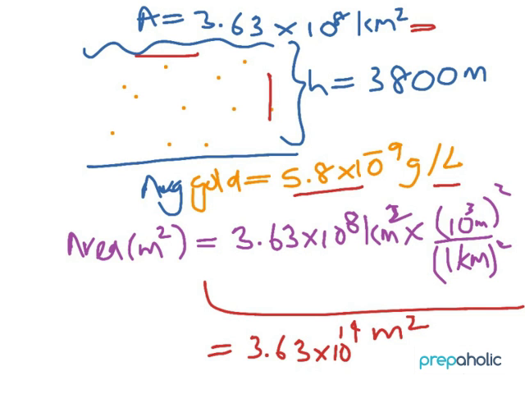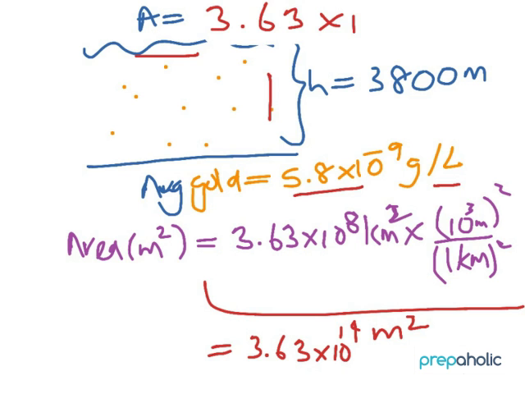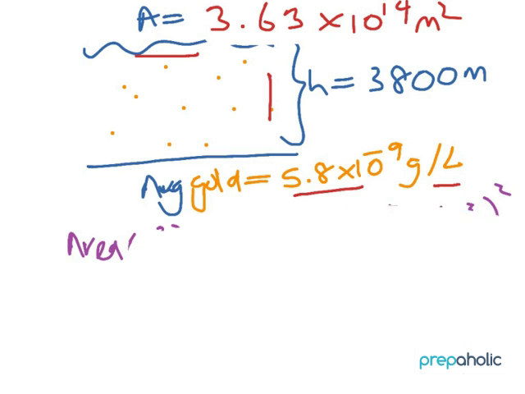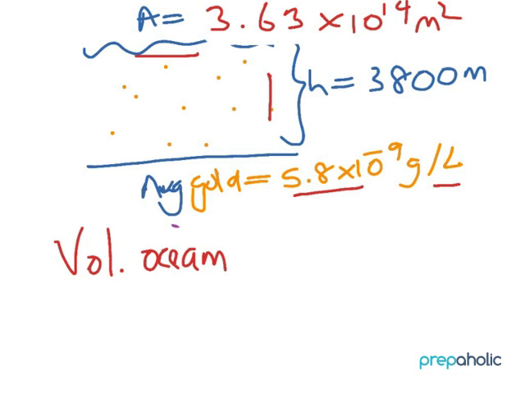Okay, so now we calculated the area of the ocean. So let's put the data up here. The area was 3.63 into 10 to the power 14 square meters. And so now let's calculate the volume of the ocean, which is area into height.